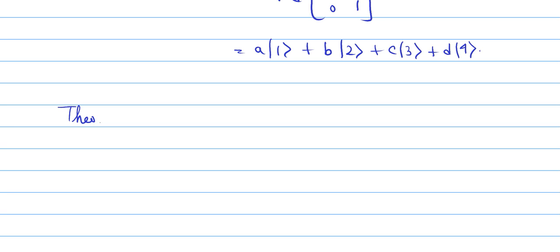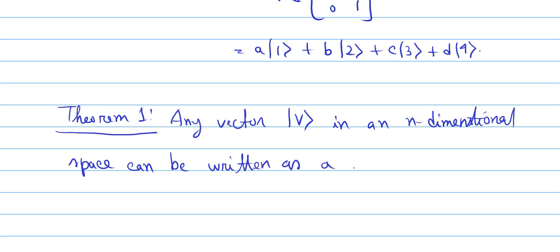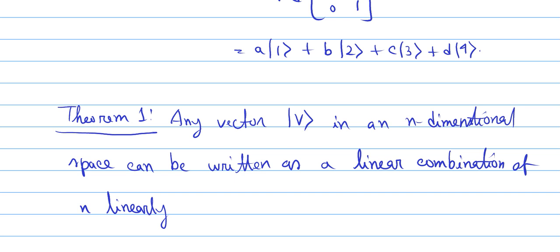From this definition, we can come to our theorem 1. Any vector, let's say ket v, in an n-dimensional space, let's say our vector is an element of an n-dimensional vector space, can be written as a linear combination of n linearly independent vectors, 1 to n.